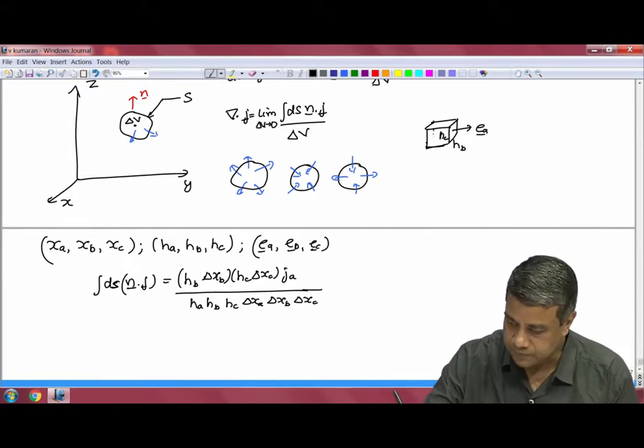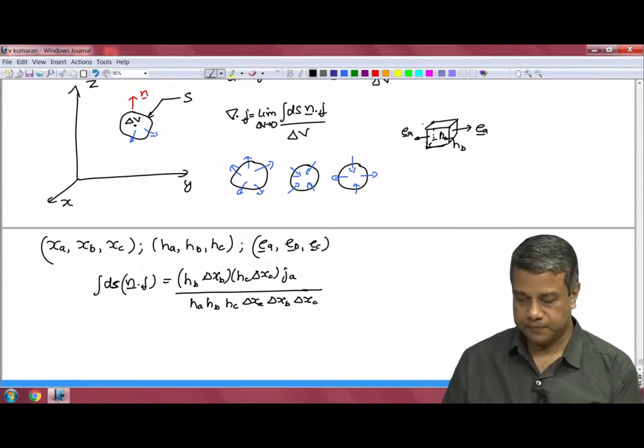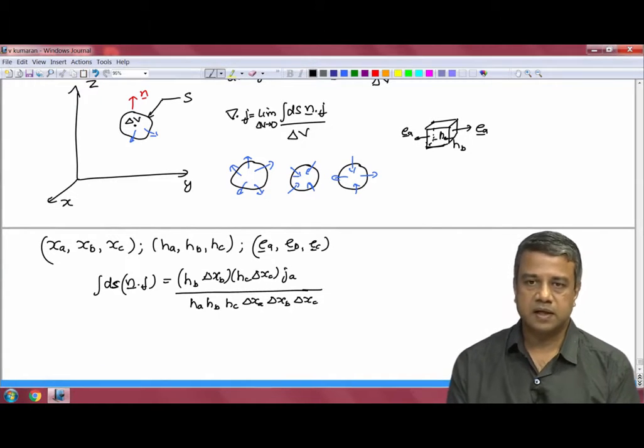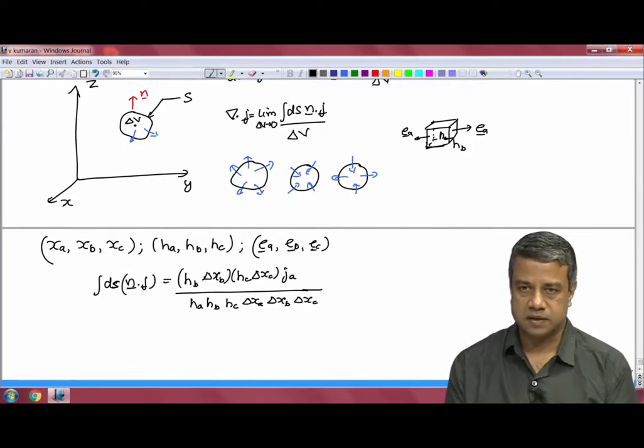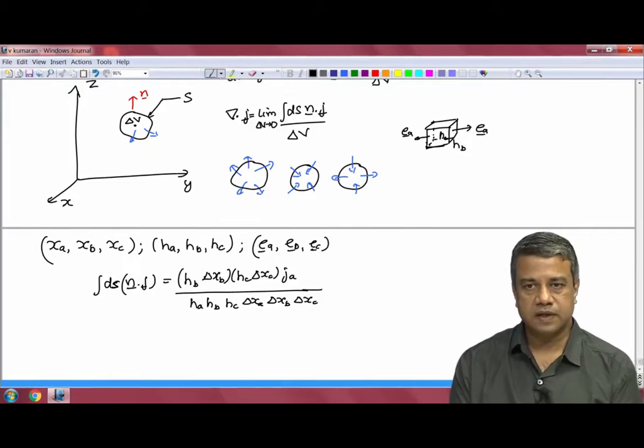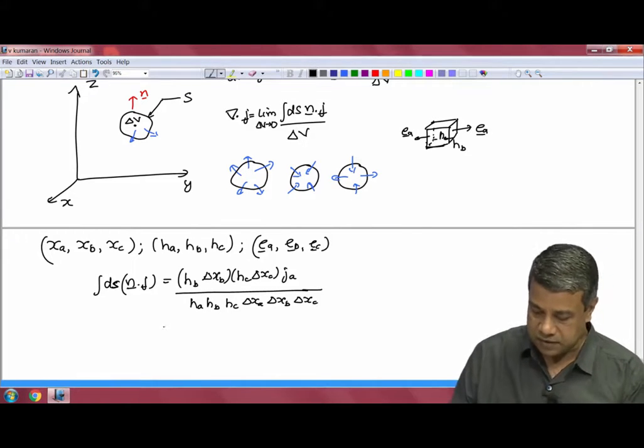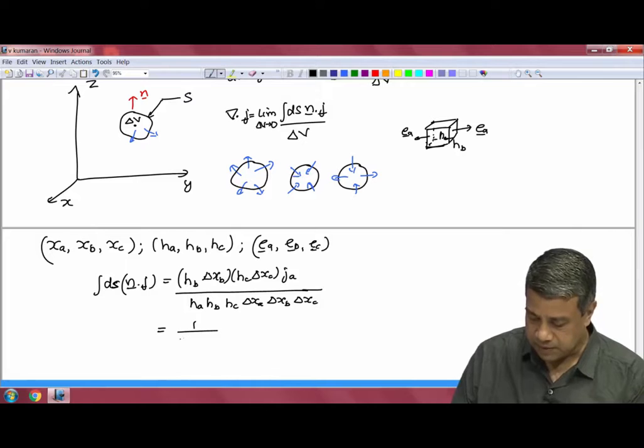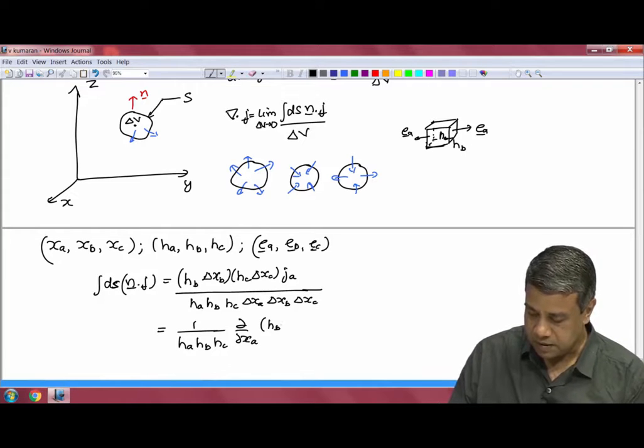So, you have surfaces which have a unit normal minus E a on the left and E a on the right, and basically you are subtracting this over these two surfaces. And it is relatively easy to see that at the end of this you will get 1 by h a, h b, h c, partial by partial x a of h b, h c, j a.